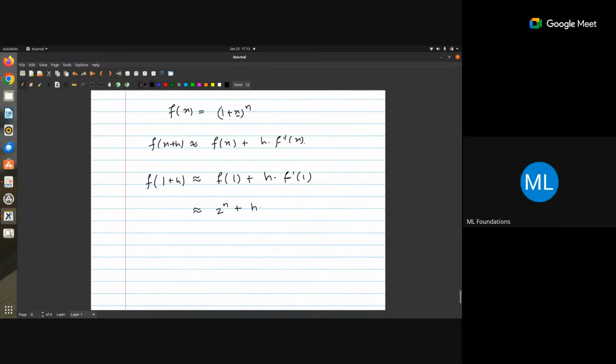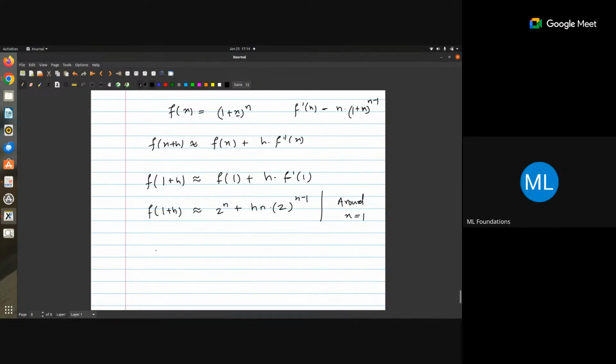And what is f dash of x? f dash of x is n into x to the power n minus 1. So f dash of 1 is n into 2 to the power n minus 1. Now this is the linear approximation around x equals 1.